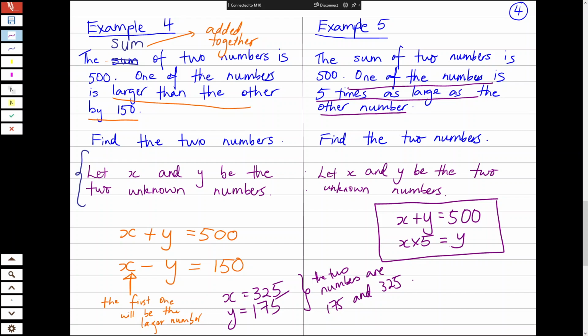You're done. That's your second equation. Or 5x equals y. Should we write this down? Don't worry, Seth. Understanding is more important. If you understand this, that's the most important part.